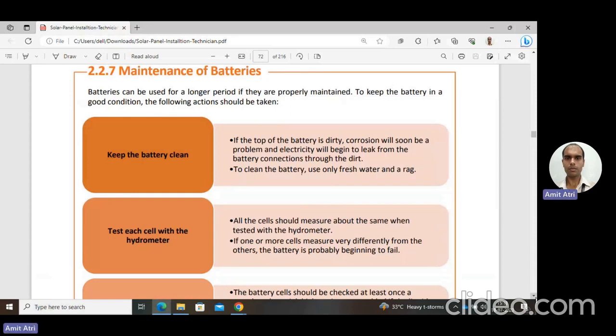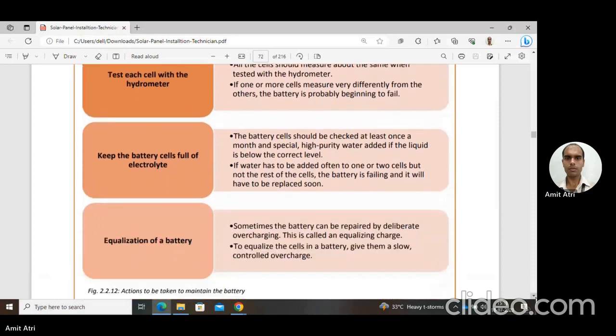Next maintenance activity is to test each cell with the hydrometer, because if one or more cells measure very differently from the others, the battery is probably beginning to fail. Next is to keep the battery cells full of electrolyte.